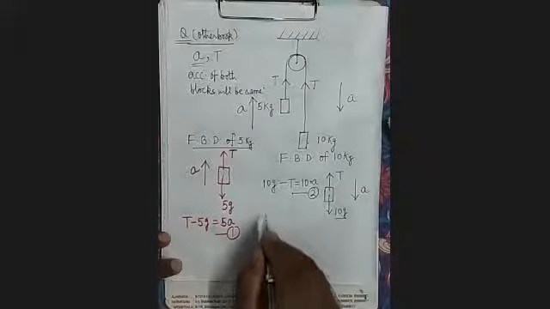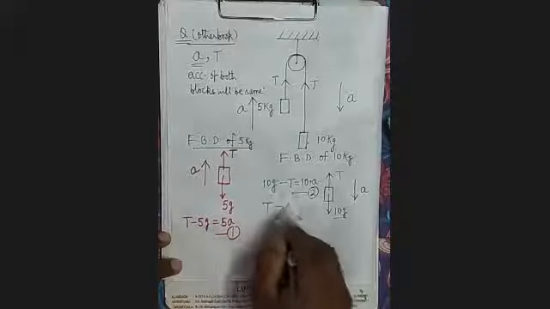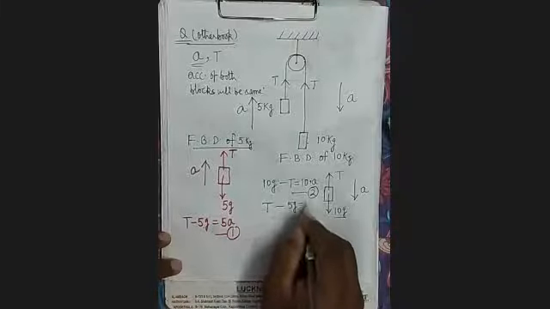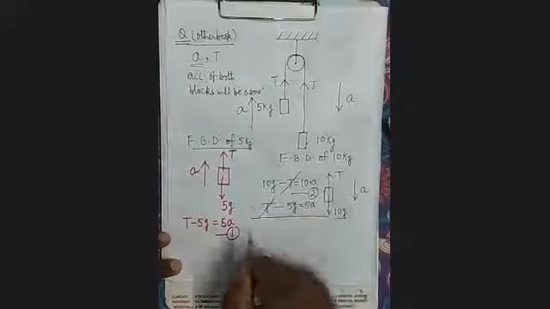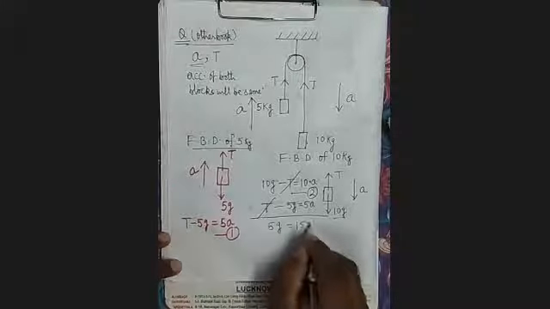You add side by side. When you add side by side, you write this equation here: T minus 5g equals 5a. On adding side by side, T will be cancelled. 5g equals 15a.